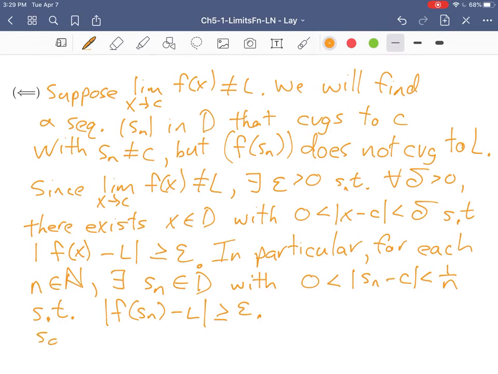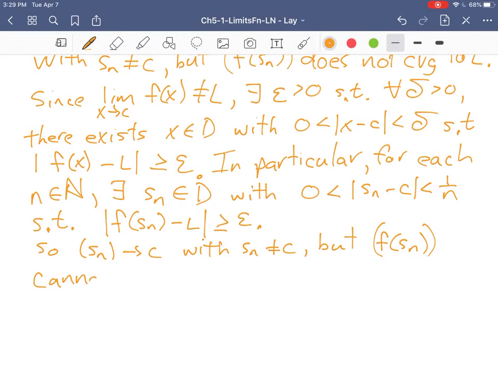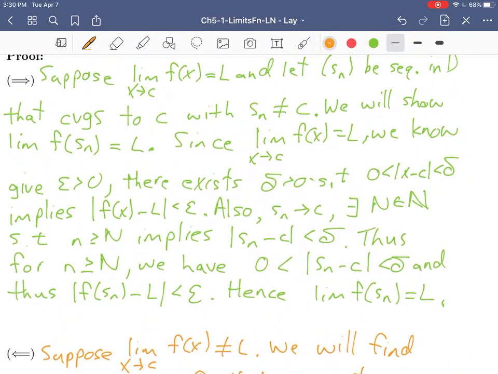And so the sequence that we've argued here converges to C with terms S sub n that are not equal to C, but f of S sub n cannot possibly converge to L. And so that's a contradiction, and that reverse implication is also true.